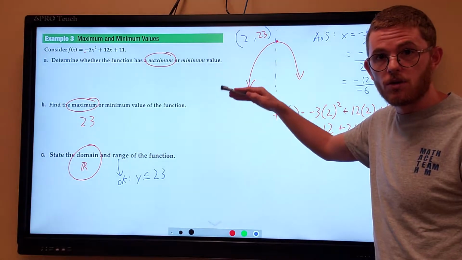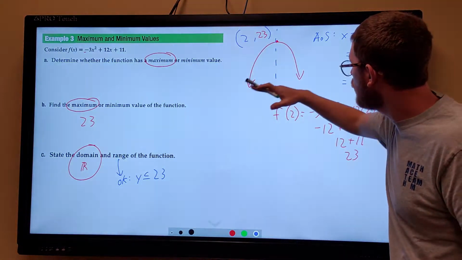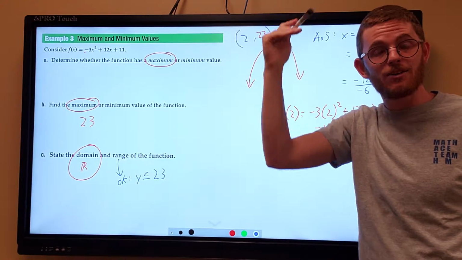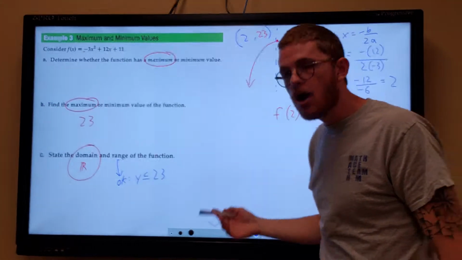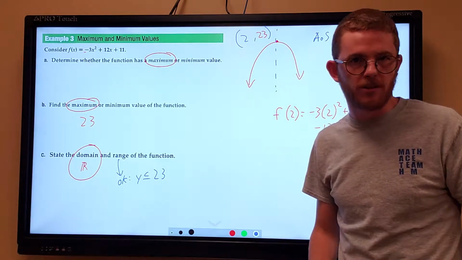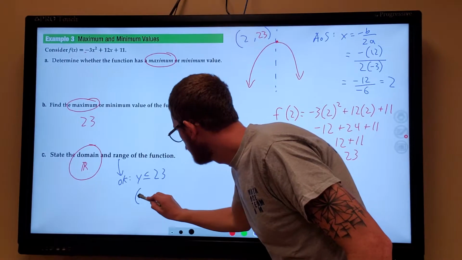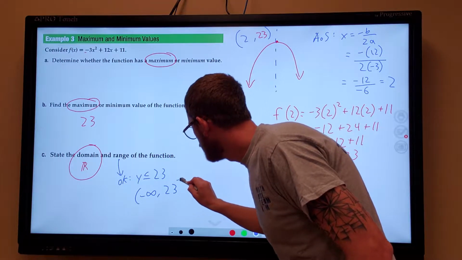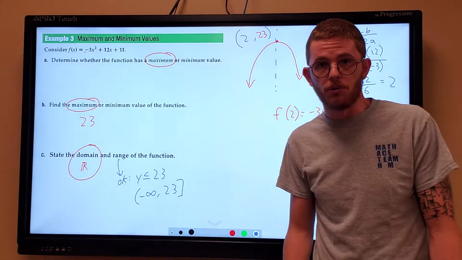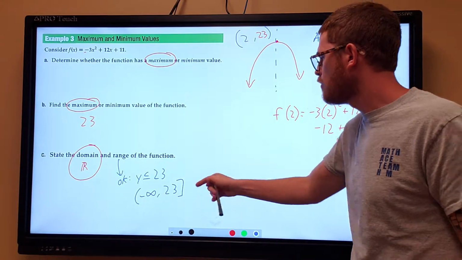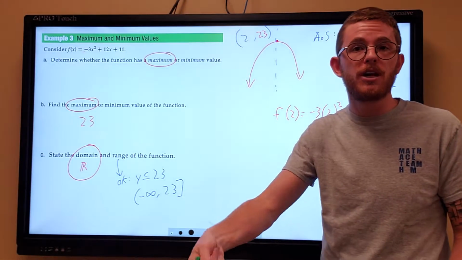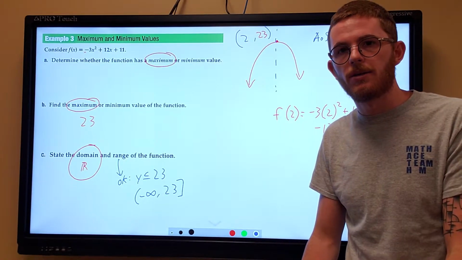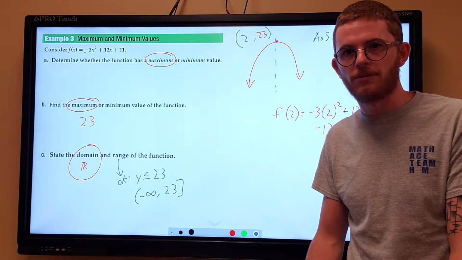Because 23 is the highest, so it's all these y values down here, but once we get to 23, that is the highest y value. But the best way to say this answer would be all values from negative infinity to 23 inclusive. If you want more information on how to use this notation, which is interval notation, it is the first video in chapter 1, I believe.